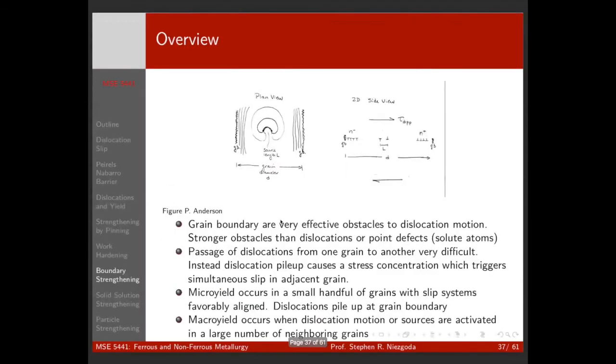So that was dislocations as obstacles, and now grain boundaries as obstacles. I said there's only 4 things we can do to strengthen a metal, right? We can put in more dislocations, we can put in grain boundaries, we can put in precipitates, or we can put in substitutional solute atoms. So grain boundaries are also very effective obstacles to dislocation motion, right?